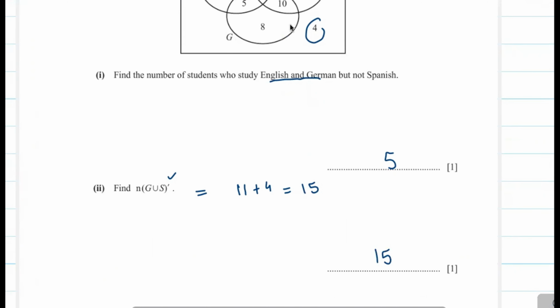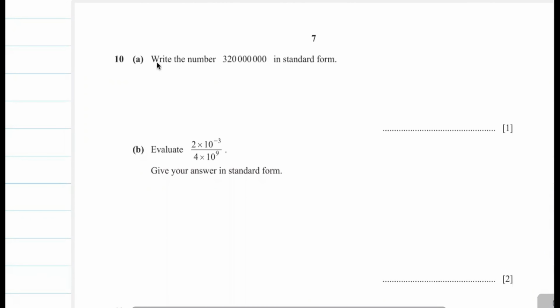Now the next question, 10 part A: write the number in standard form. Now you see here in standard form, you have to write the number as the product of two numbers. One number is greater than or equal to 1 and less than 10.